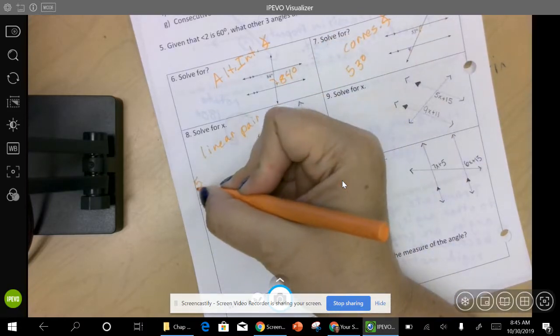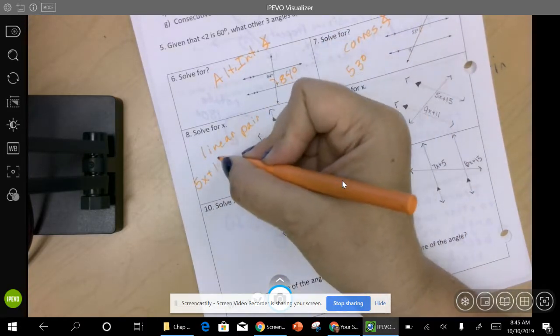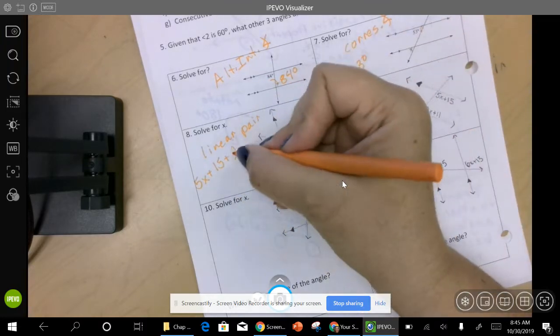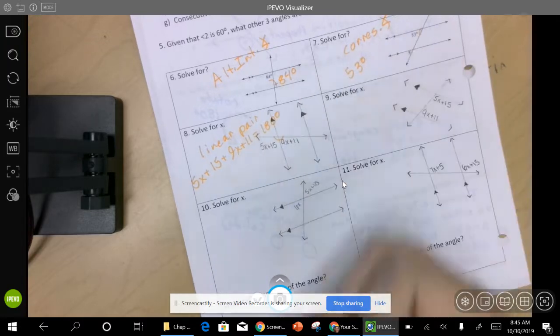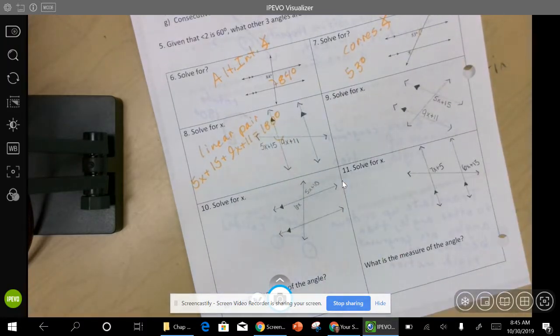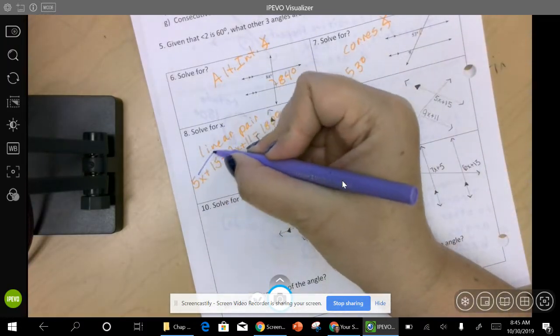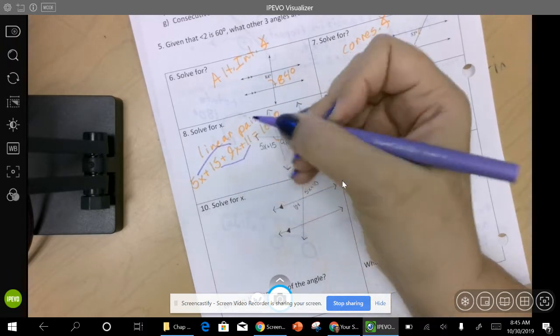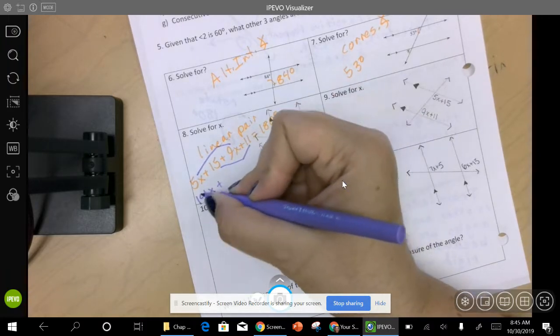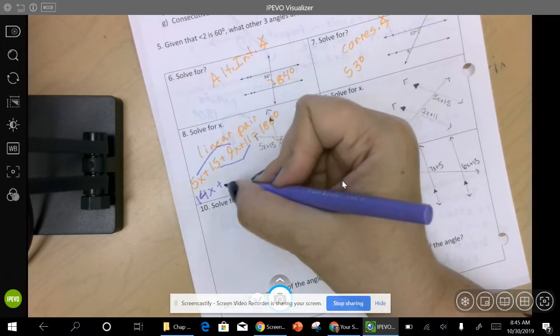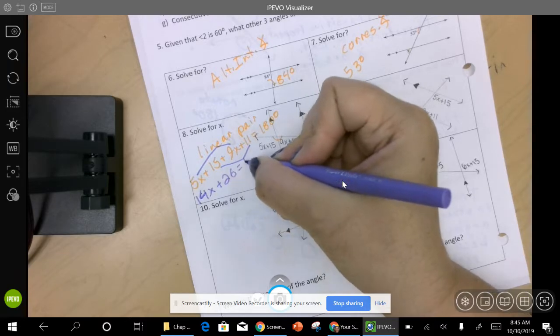So I'm going to set them equal to 180. I'm going to combine like terms, adding the ones that are the same together. So 5x plus 9x is 14x. 15 plus 11 is 26.